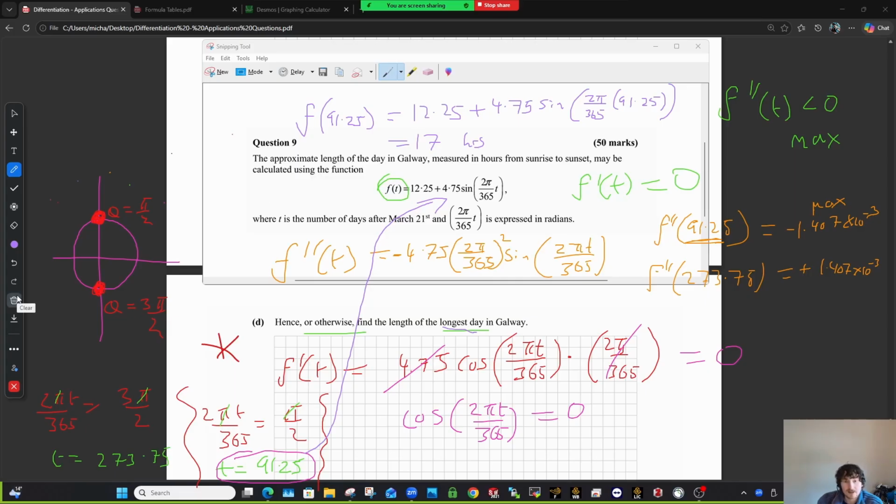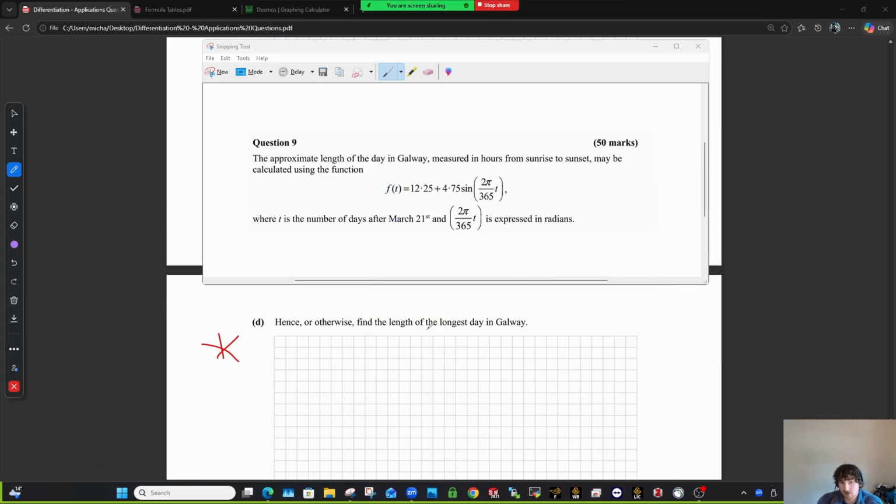Okay, there was actually a really smart way you could have done this, okay? Study this function. What part of it can actually change? There's only one thing that can change value, t, right? Now, that's located inside of a sine.